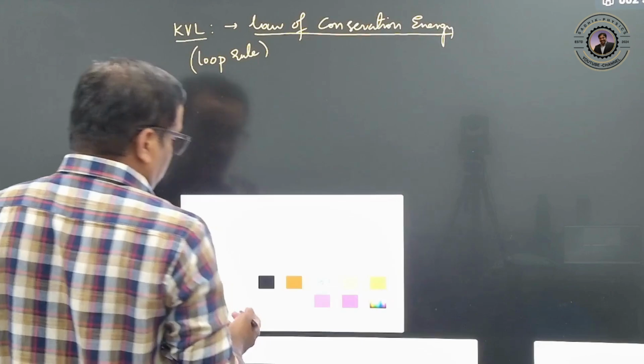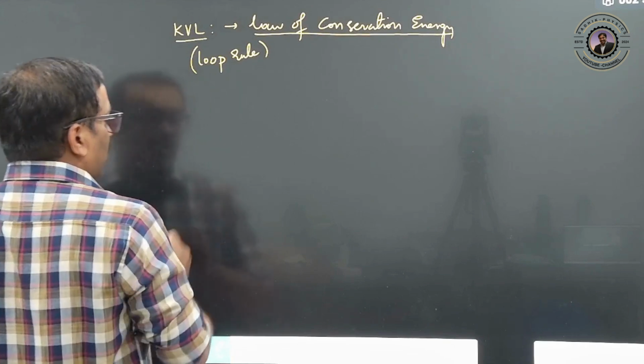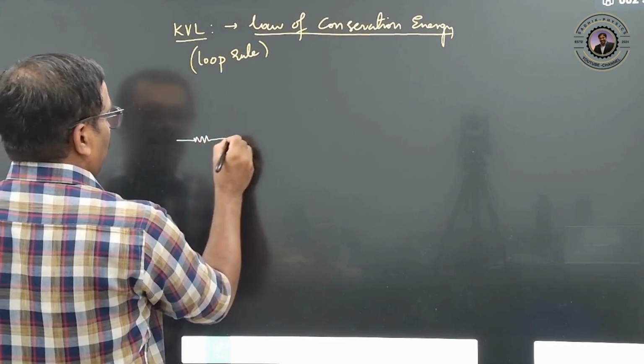So now let us see, here I will take one loop. I will tell you some shortcut, so try to listen. There is one loop, I will draw this loop here.